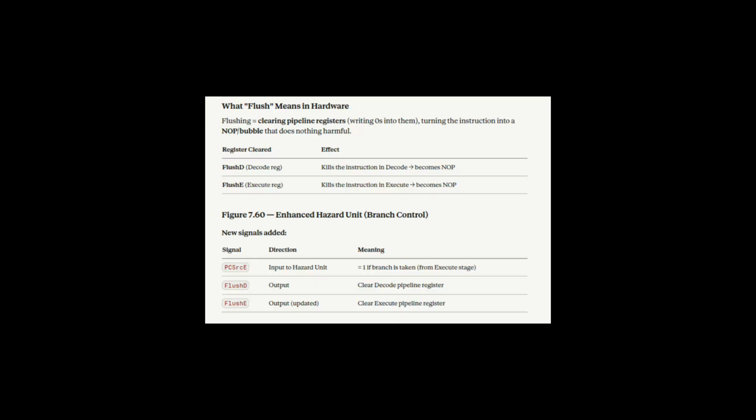So if flush D and flush E are there, flush D kills the instruction in the decoding stage, and flush E kills the instruction in the executing stage. So it becomes a NOP.